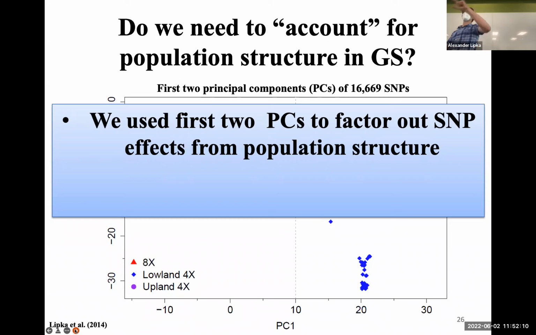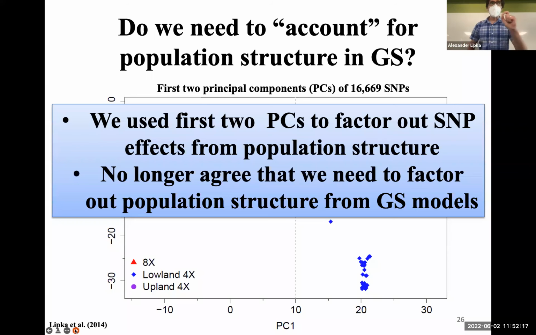We fitted a model with 2 PCs, took the residuals, and did genomic selection on the residuals. I no longer agree with this approach.